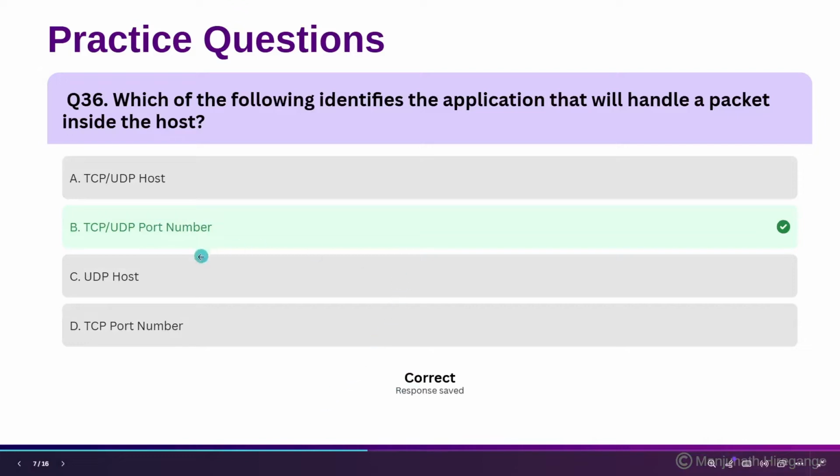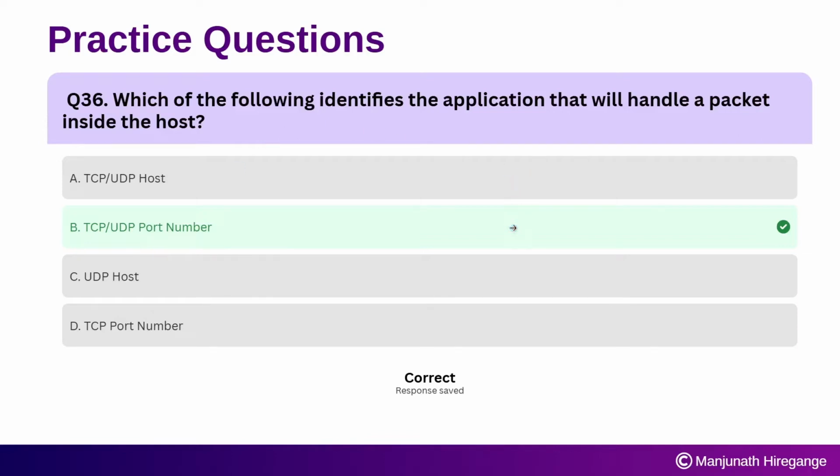Why? What does a port number do, right? TCP and UDP both. For example, when a packet arrives at your computer, the port number is used to determine which application will handle the packet. Each application listens to its assigned port number. For example, you are browsing the internet.